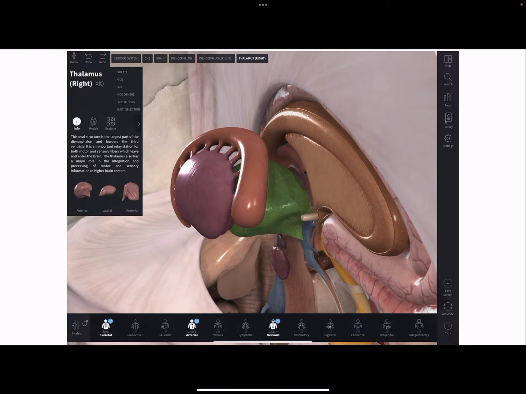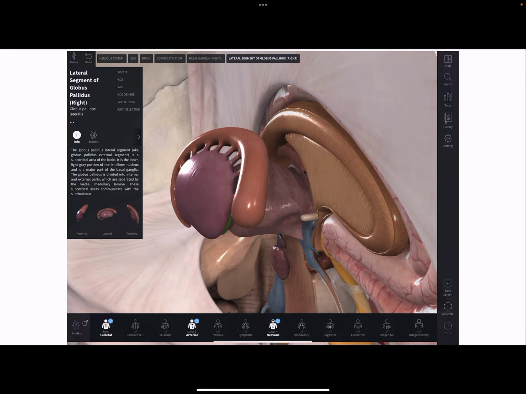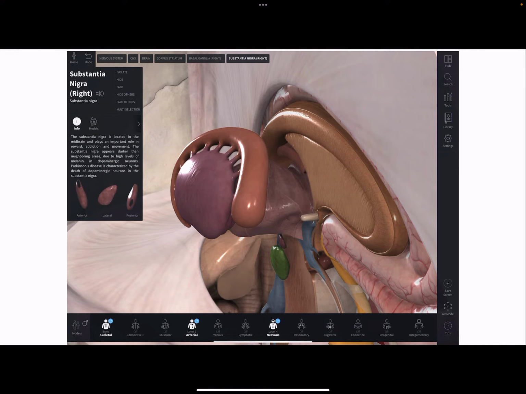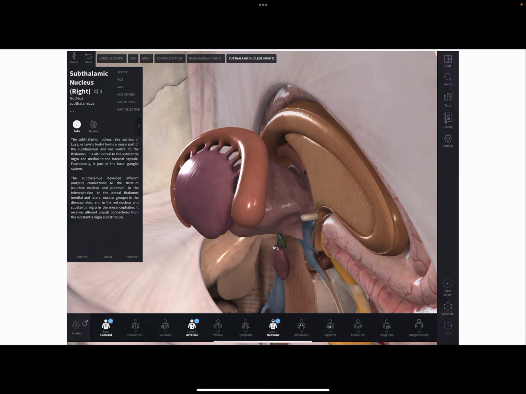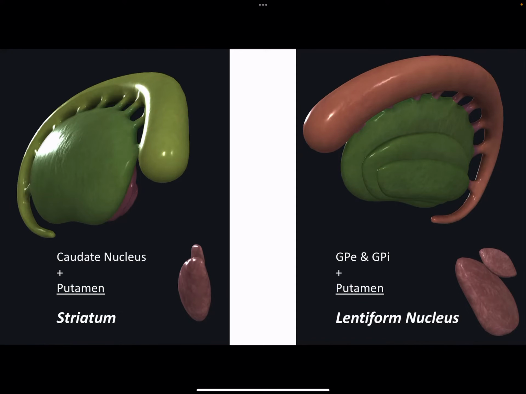All right, so here's the thalamus, caudate nucleus, putamen. Okay, here's GPE, GPI, substantia nigra, that's dark, and then the subthalamic nucleus. And here's everything just kind of labeled again. And all right, so we've said before, the caudate nucleus and the putamen together is the striatum.